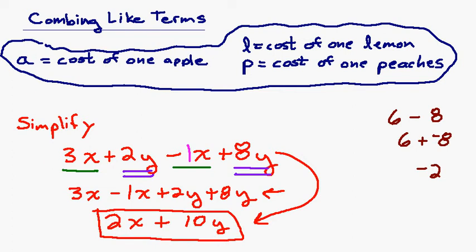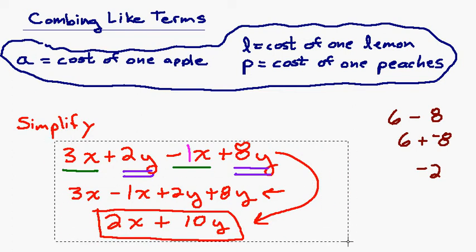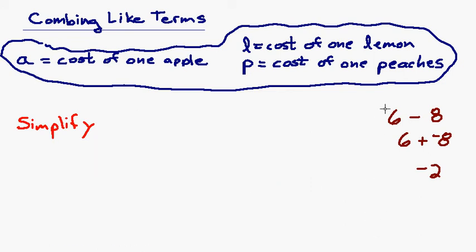Let's look at another one that's got more than two variables in it, because it's possible to have all kinds of variables. We could have apples and peaches and lemons and oranges and all kinds of fruit.